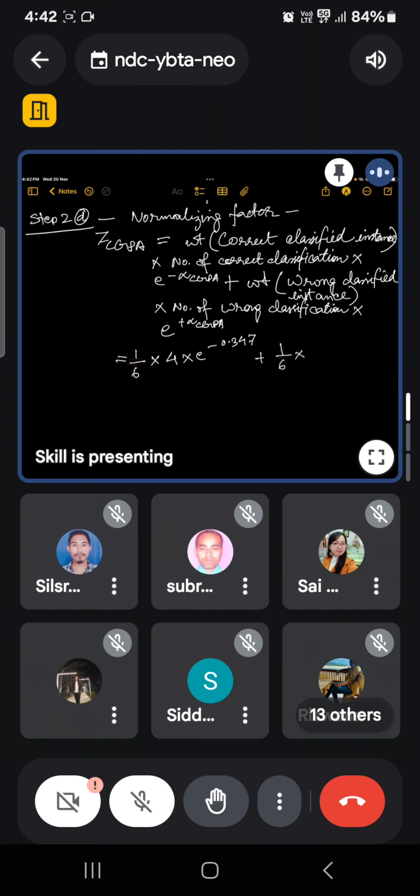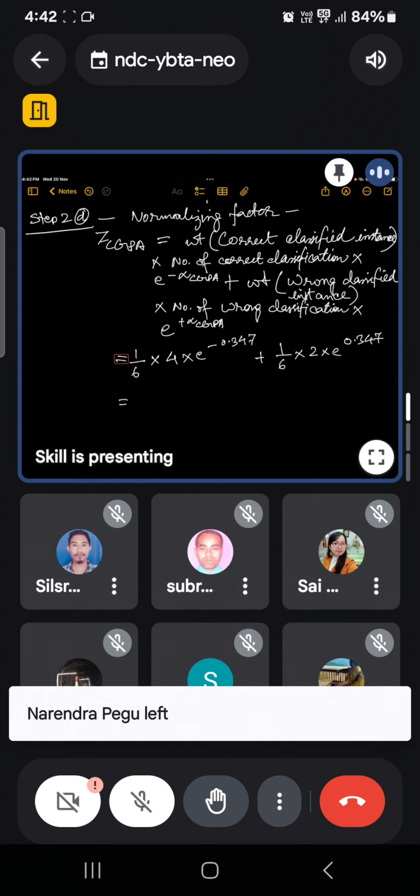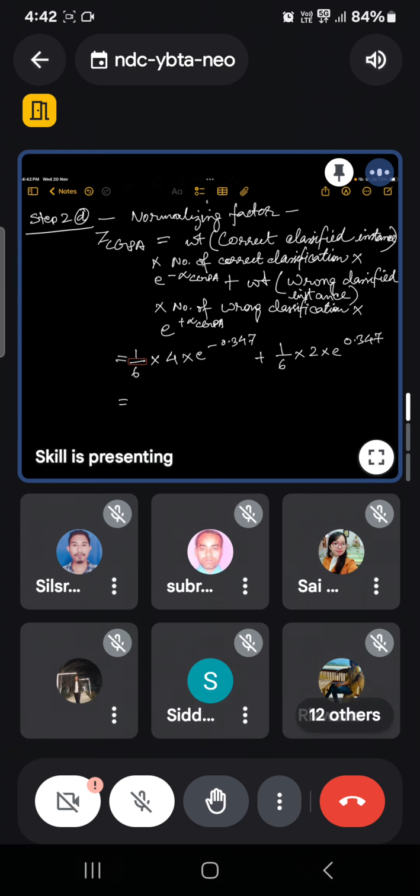Then 1 by 6 into 2 wrong classifications. After calculating all these, we will get 0.9428. So this will be your normalizing factor.